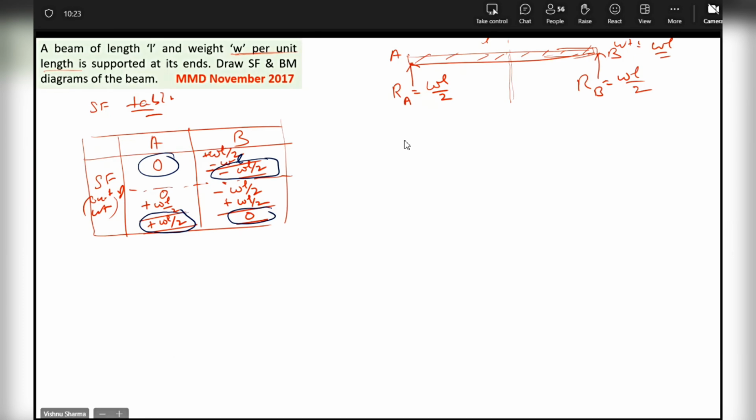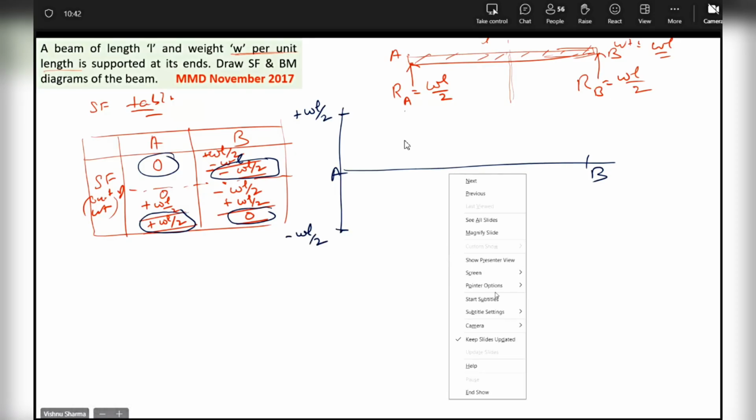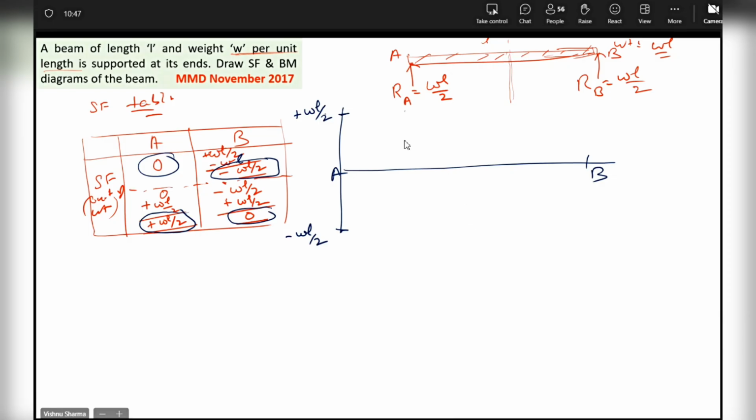Okay. Now we draw the SF diagram. A, B. We take any scale, WL by 2. Same distance we mark on the other side, that becomes minus WL by 2. And then at A, it goes from 0 to plus WL by 2.